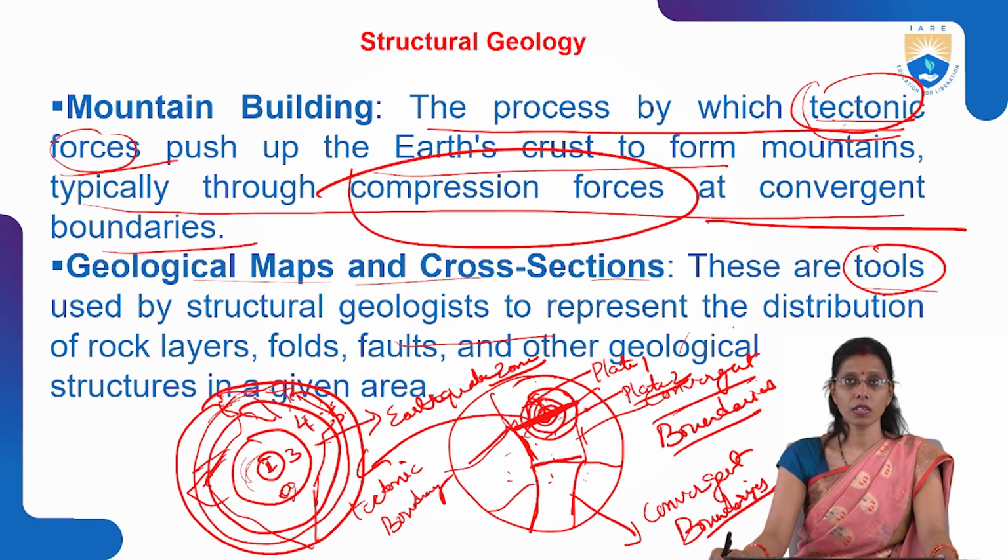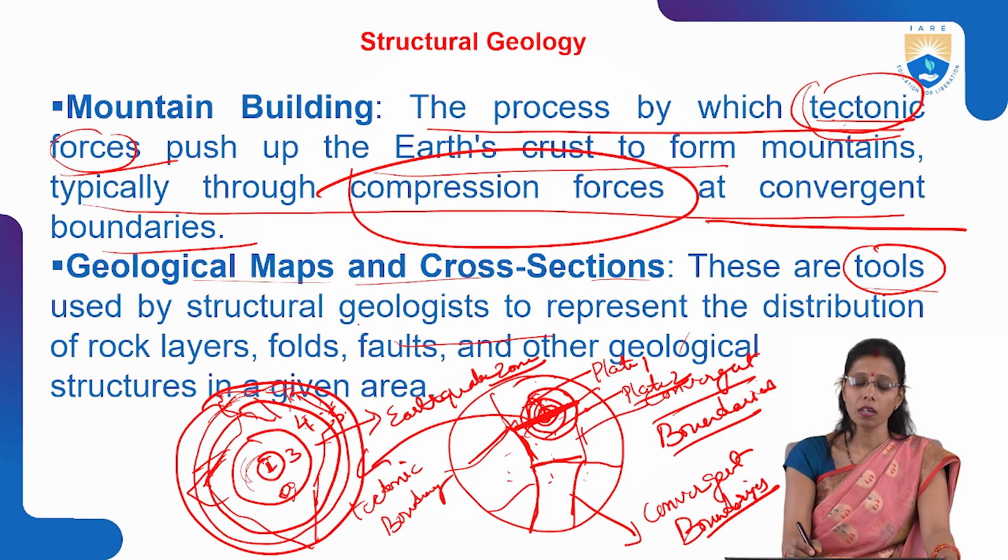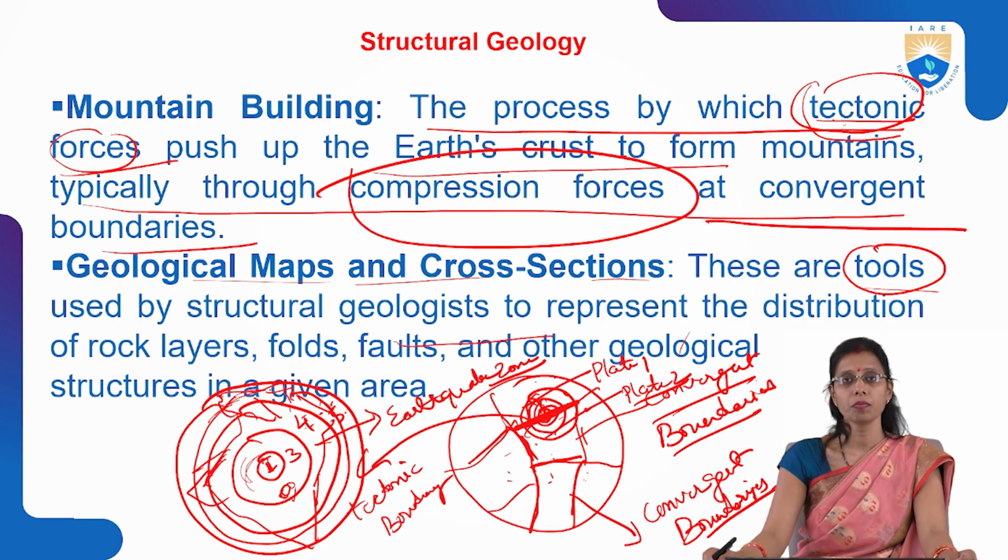They will help us get to know about the distribution of the rock layers, folds, faults, and the other geological structures in whichever area we are going to display the information.